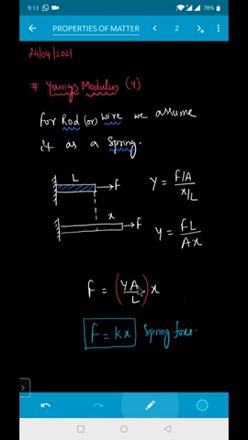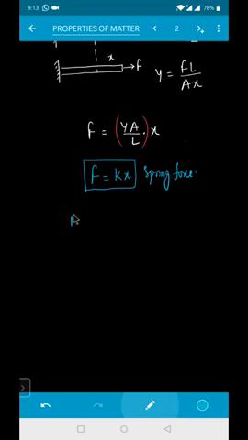But the value of K here is equal to Y A divided by L. Y is Young's modulus, A is area of cross section, L is the length.